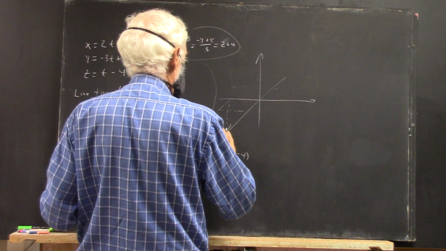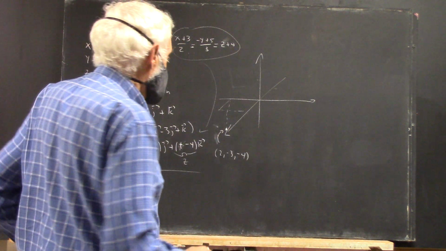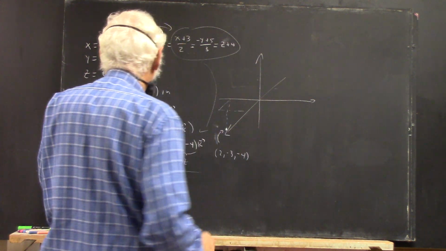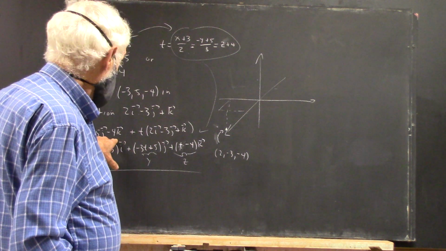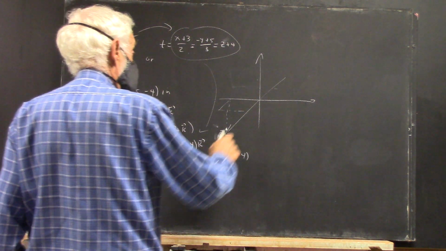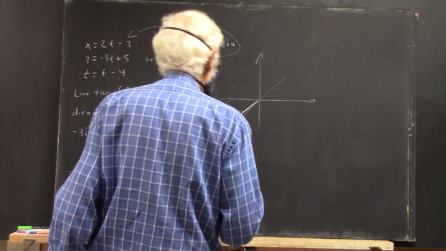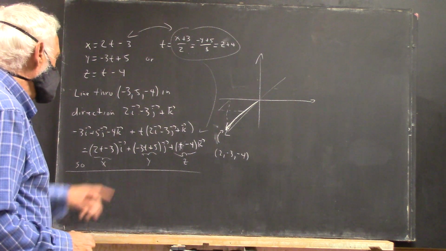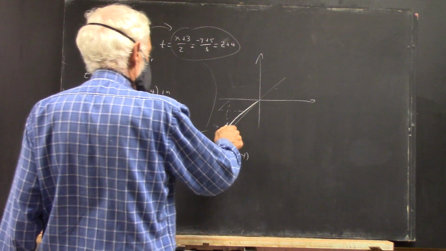Anyhow, that's our point. Now you can draw a vector from the origin to that point. Of course, that's a vector that I've already written down here. This is a vector from the origin to this point. And now you've got the line, which is in the direction of the vector 2, -3, 1. So that would be 2 this way.